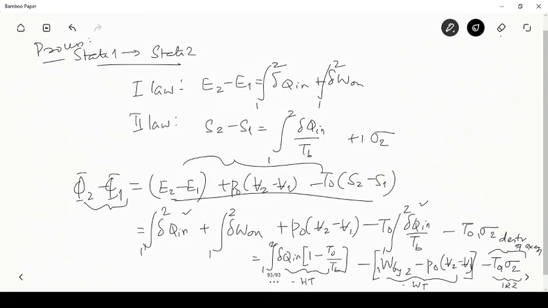It basically means that the object is now coming closer to the dead state. So when the object is colder, a heat transfer into the object will move the object closer to the dead state, and therefore the exergy change is negative.